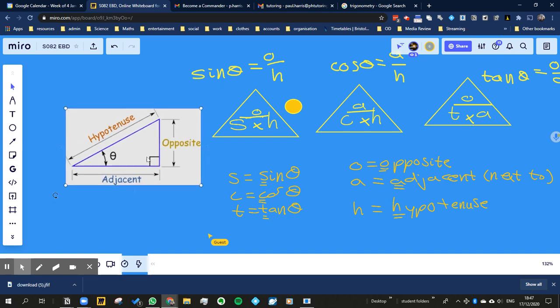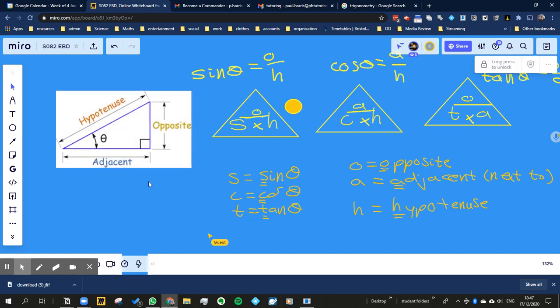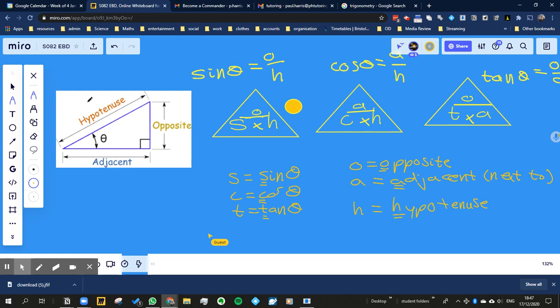So if we knew, in this case, let's say we just happen to know the hypotenuse is 5 centimeters, and we happen to know that the angle is 30 degrees, then how could we find out the opposite?